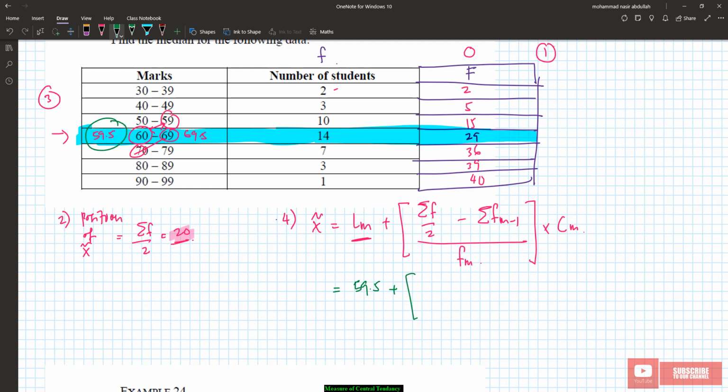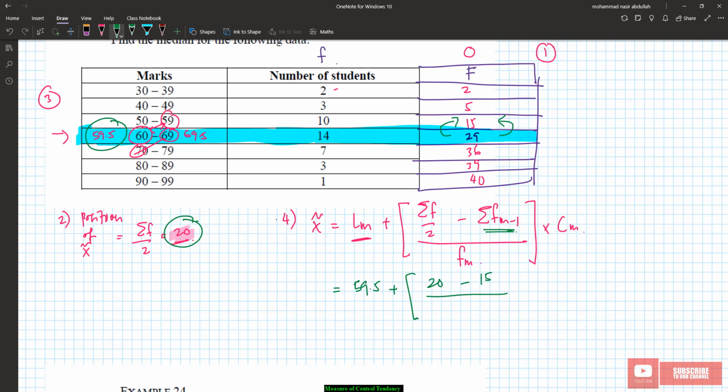And then summation of f divided by 2 should be equal to 20. You just plug in the value. And summation of f m minus 1, this is what we call the cumulative frequency before the median class, which is equal to 15, right?